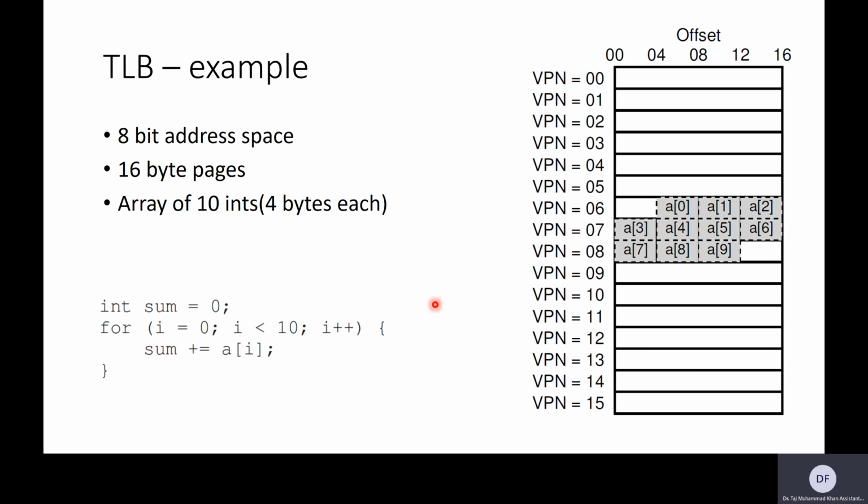As a workaround to that problem, the system designers came up with a solution. Although we cannot store all of the page tables inside the processor because the size of the page tables is quite big, and we don't have enough space inside the processor, what we can do is have a cache for frequently accessed page table entries inside the processor.